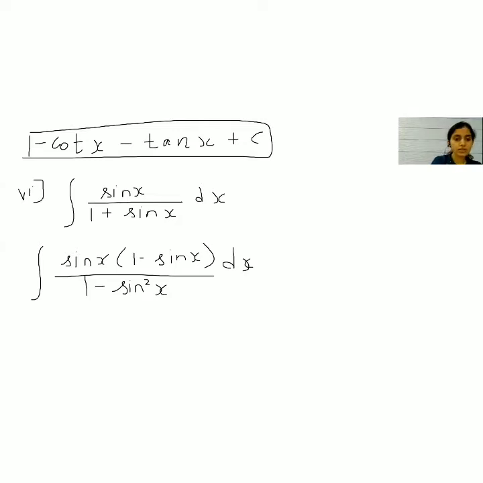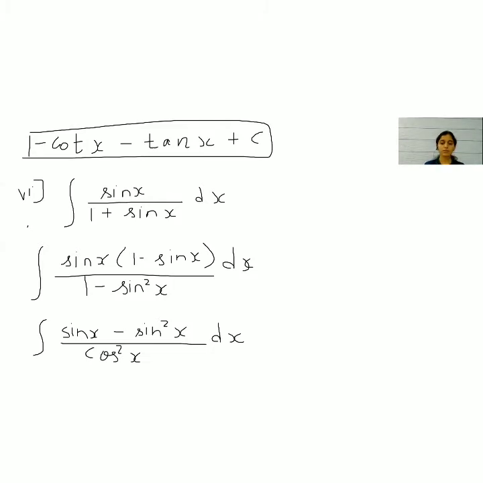So we are going to get integration of sin x minus sin square x divided by cos square x dx. What will we do now?